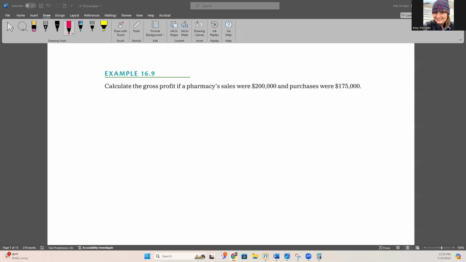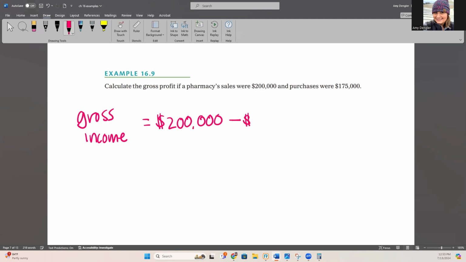Example 16.9, calculate the gross profit if a pharmacy's sales were $200,000 and the purchases were $175,000. So our gross income is equal to sales, $200,000, minus the cost of inventory, which was $175,000.